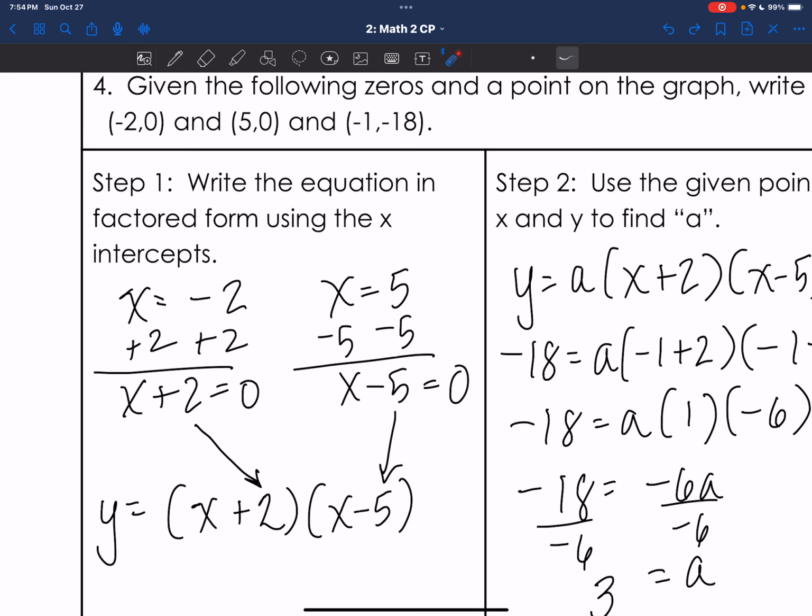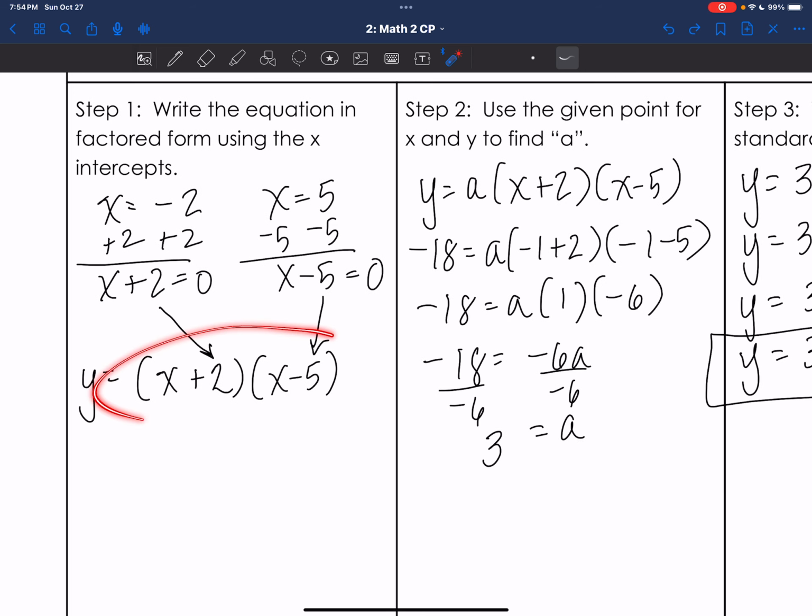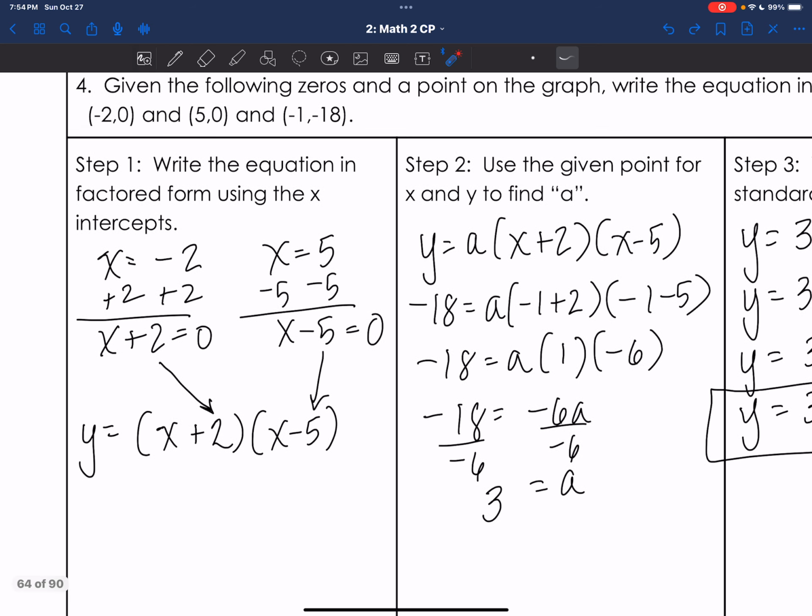So now that we have that part, we can use this to plug into here. But this time, we're going to use the given point for x and y to find a. Well, they gave us the points, and they gave us a y and an x. So we're going to go ahead and plug these in.